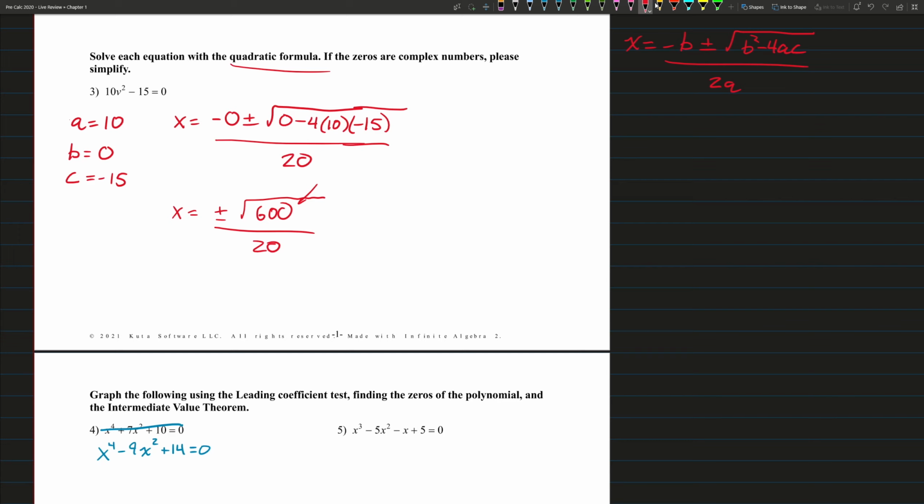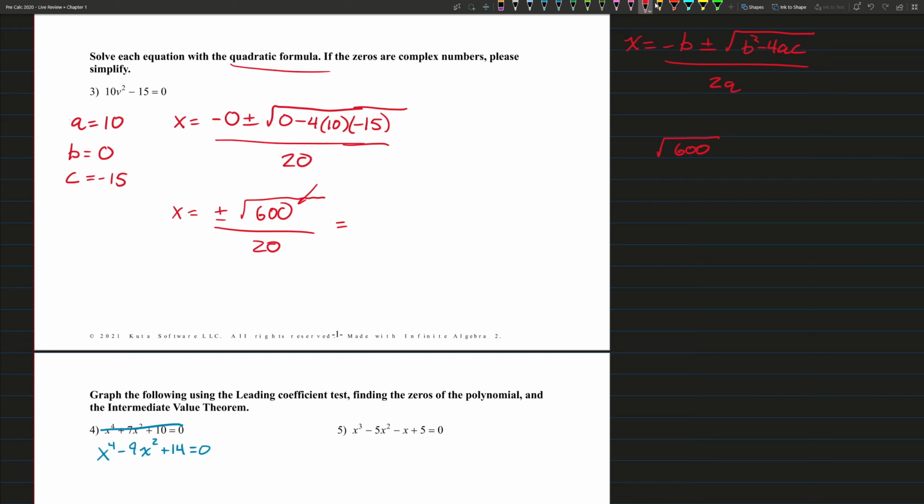Okay, so now we need perfect square factors of 600. So I haven't looked at this, so give me 1 second. 600.